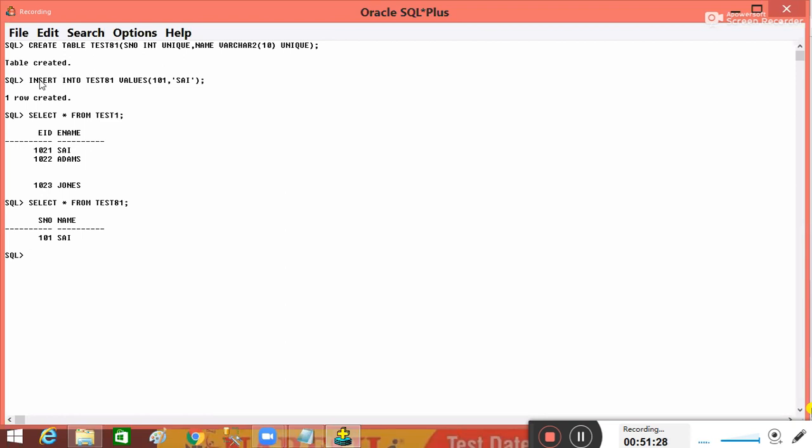But guys, tell me, when I'm inserting the second record, 101 comma Adams, the serial number column already has 101, and I'm inserting 101 again. Already 101 is existing in your table column, but again I'm sending the same number.